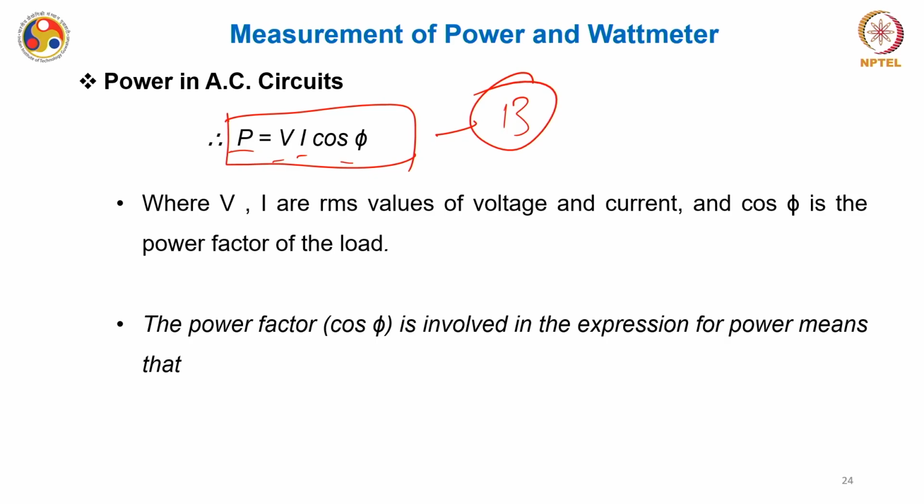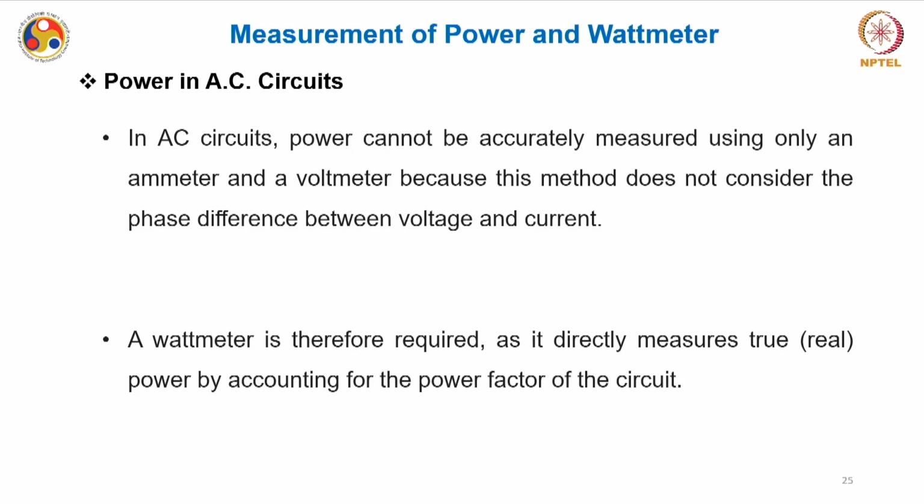So the average power in this AC circuit is given as the RMS voltage into the RMS current into the power factor. Now, since the power factor is involved in the expression for power, it means that in an AC circuit power cannot be accurately measured using only an ammeter and a voltmeter.